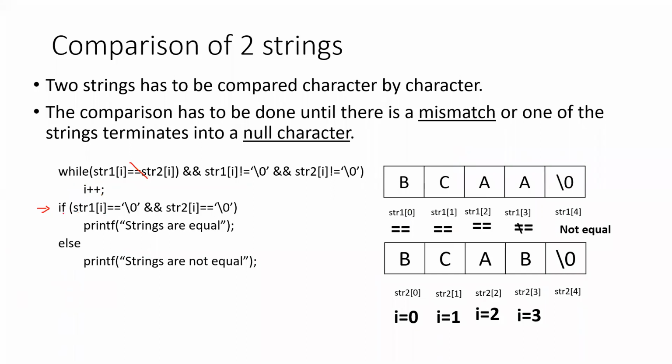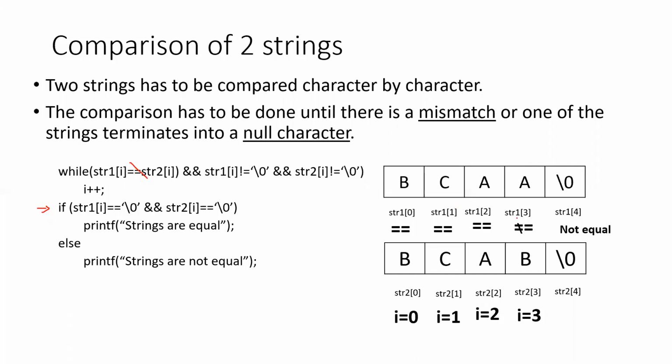Now we are going to check if str1 of I is equal to null character and str2 of I is equal to null character. This condition is only to check if both the strings are equal and we have reached the end of the string. That means we have reached the null character.